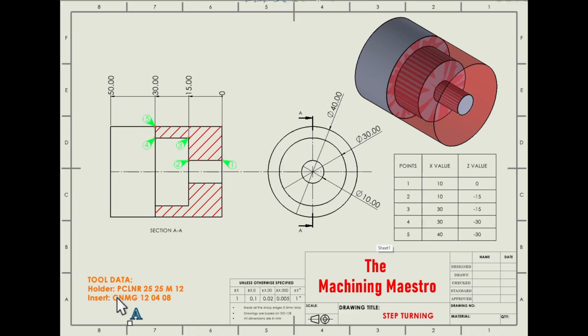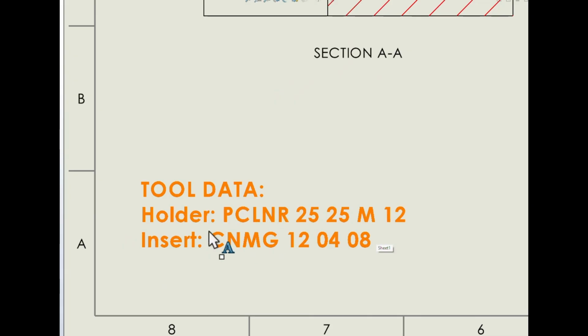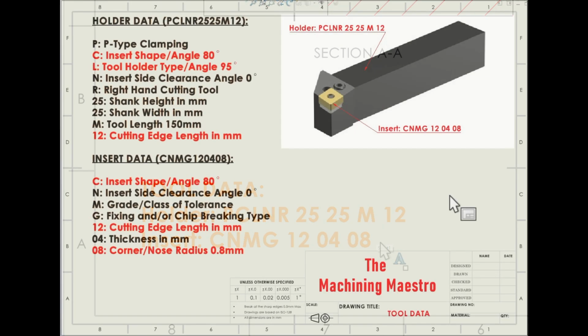Coming to the tool data, here I have used PCLNR 2525 M12, where the CNMG 120408 is fixed. So this tool we are going to use, and in my next slide I'm going to tell you regarding the tool data.